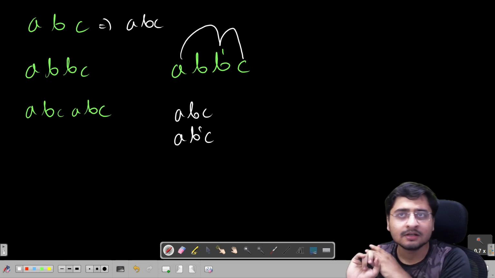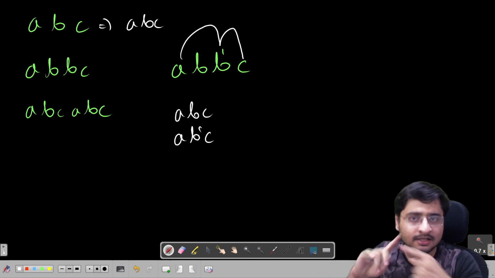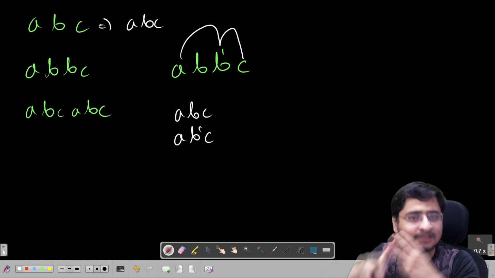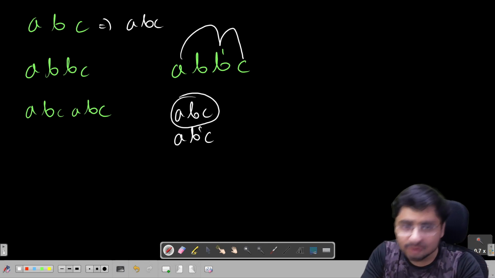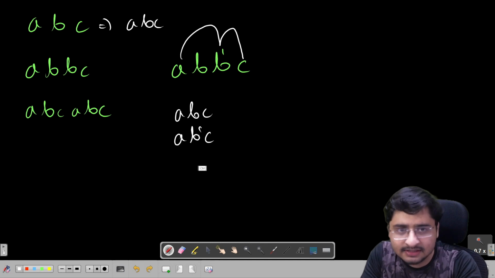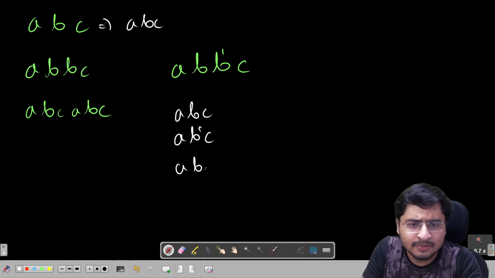These are three completely different entities. Here we are talking about subsequences. So ABC is one subsequence, A, B dash, C is another, and another subsequence can be A, B, B dash, C.